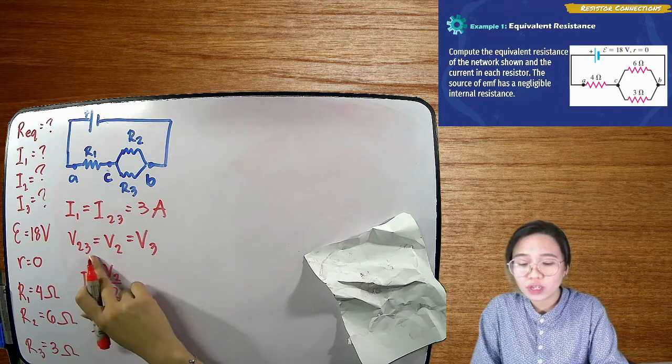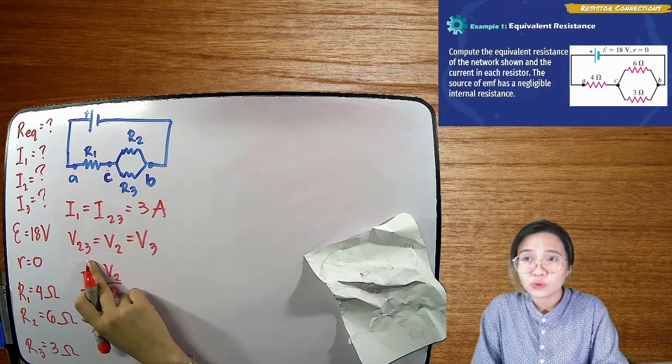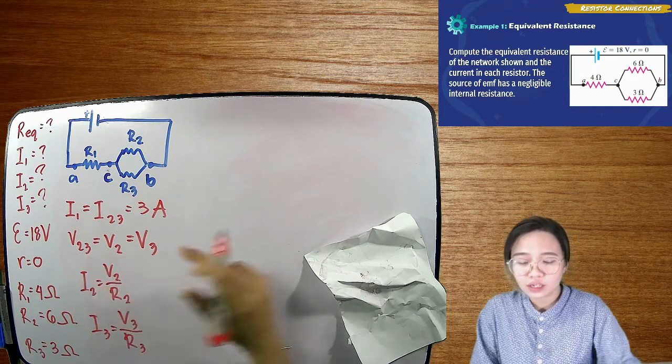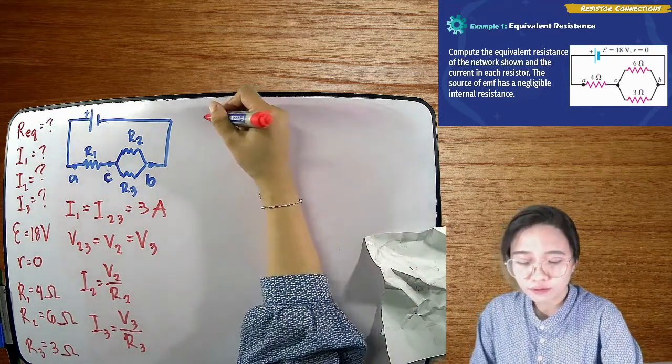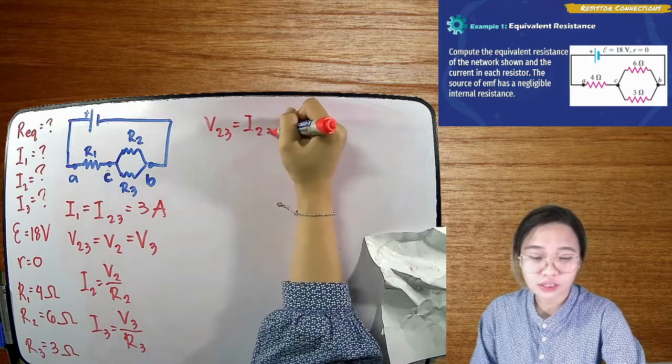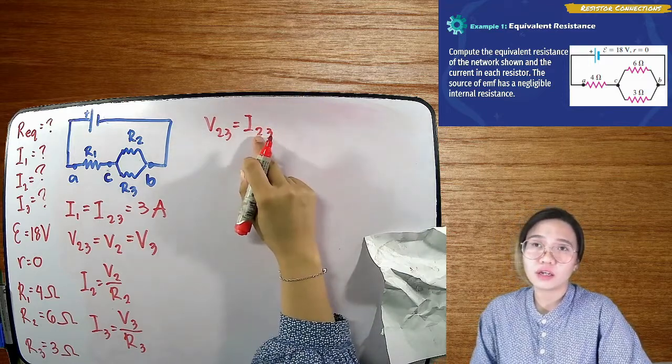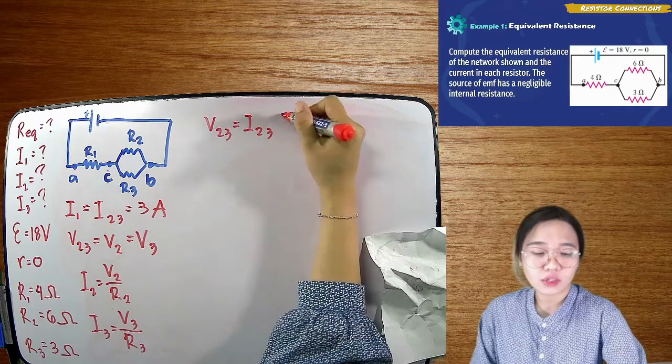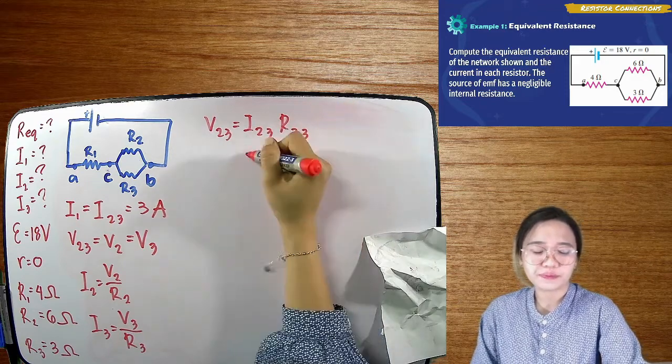We cannot solve V2 using R2 and I2 since we do not have I2. But then we can solve V23 using Ohm's law. So we have your V23, which is equal to your I23, the current at R23, times your R23.